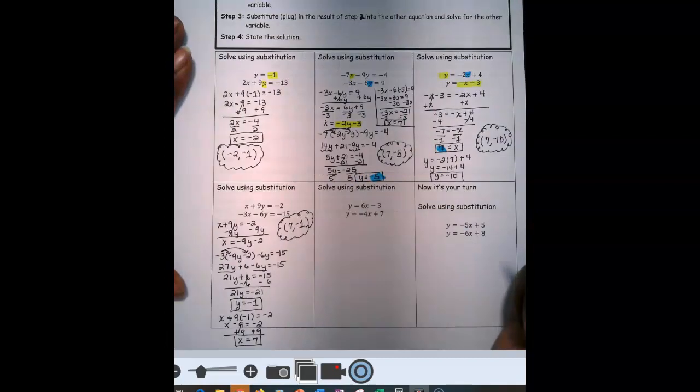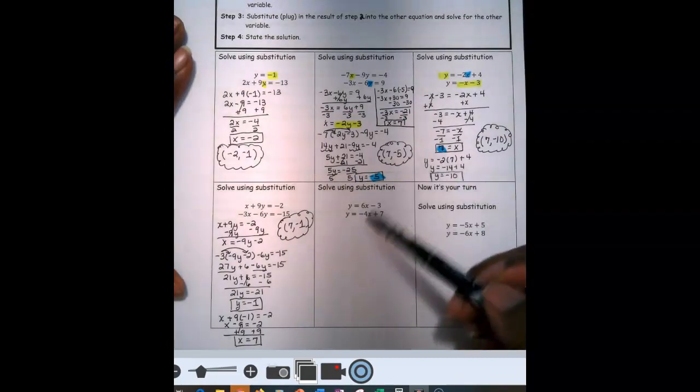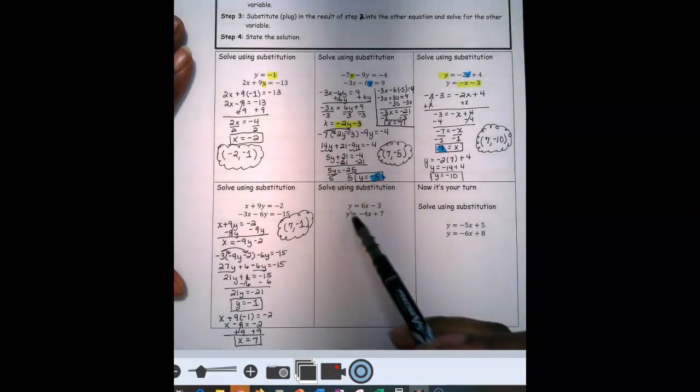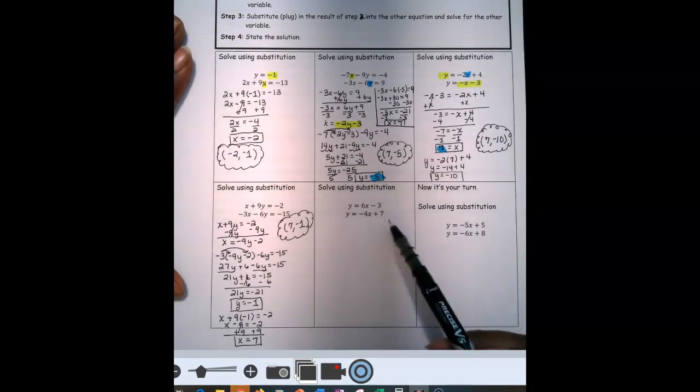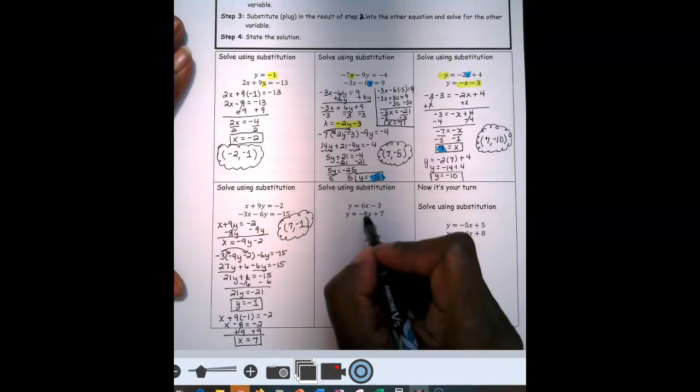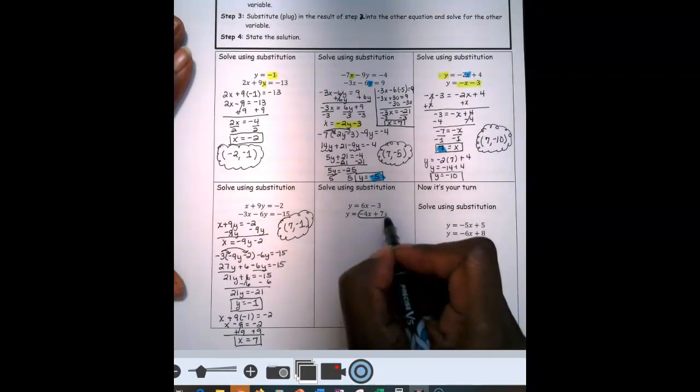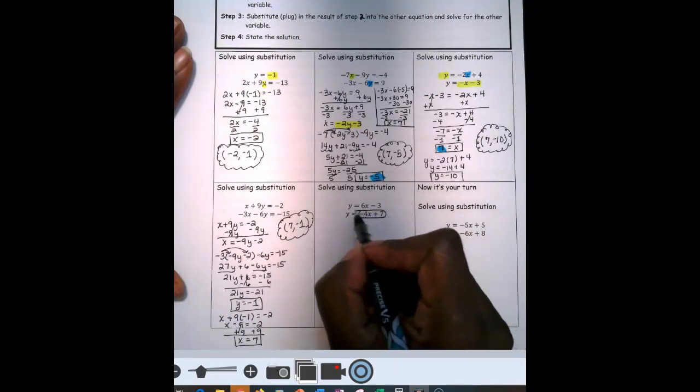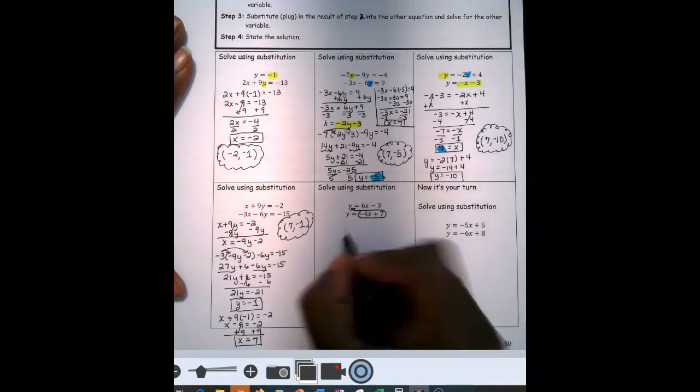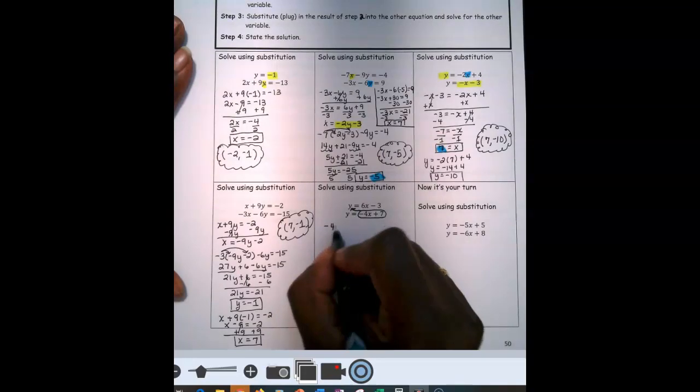All right, and then again we've got y equals 6x minus 3 and y equals negative 4x plus 7. What I know is that I can replace y in the first equation with the value of y from the second equation, set them equal to each other.